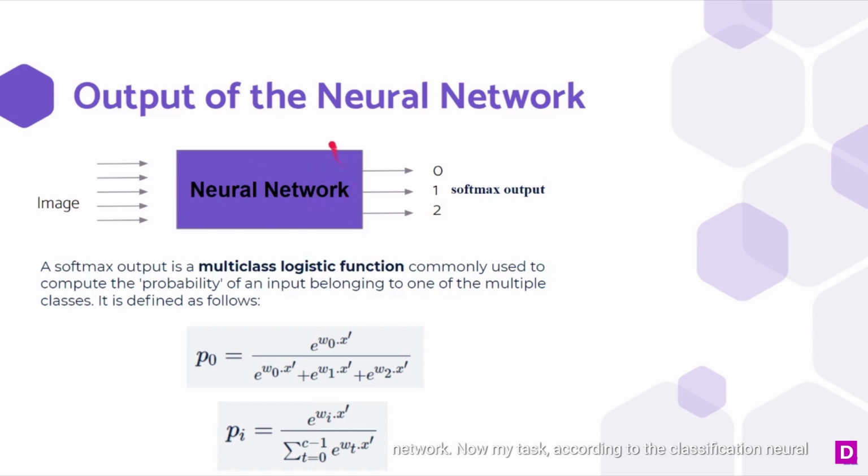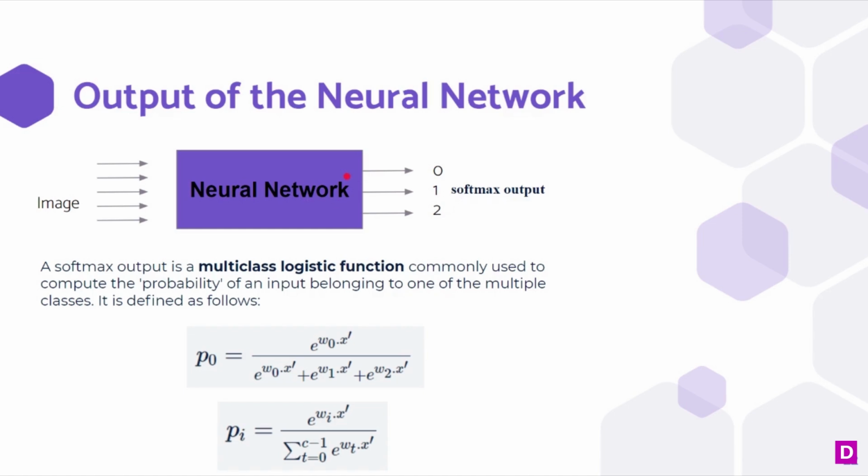Now my task according to the classification neural network would be whether the input image belongs to class 0, class 1 or class 2. These classes may be anything, like whether the image I have passed is a cat, dog or a fish.